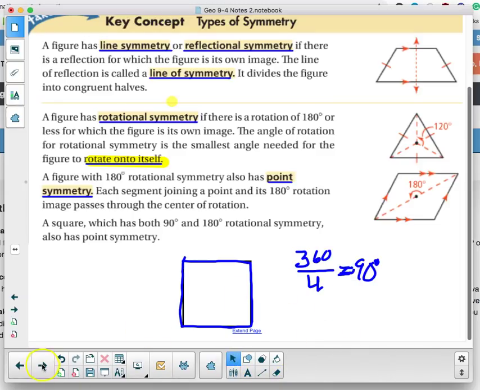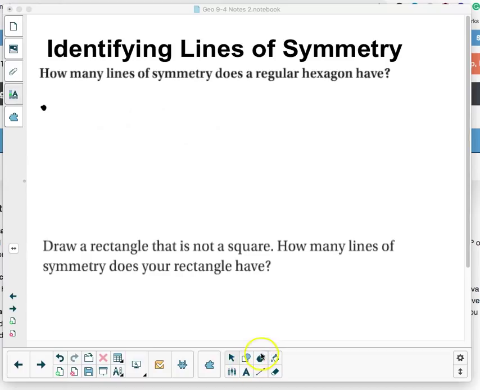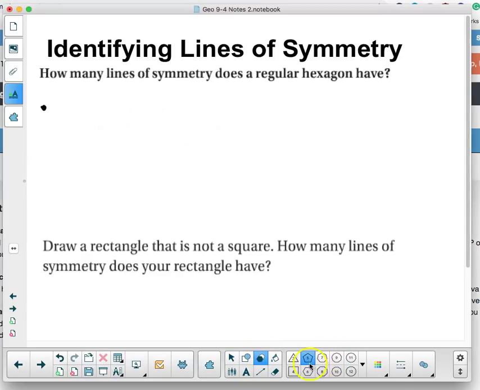Now, as we move on, identifying lines of symmetry. How many lines of symmetry does a regular hexagon have? A hexagon is a six-sided figure.